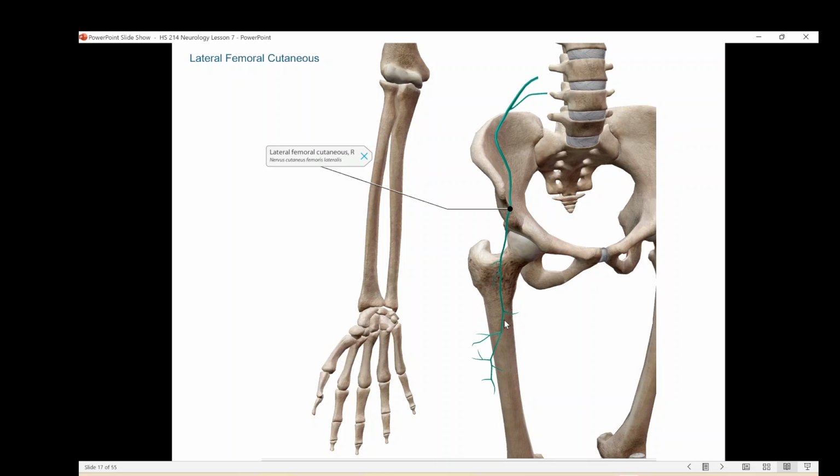Even from a massage therapy point of view, this nerve can become entrapped under the sartorius, wearing again tight jeans, somebody having pregnancy, sometimes as the abdomen gets bigger, or obesity that can compress the lateral femoral cutaneous nerve, causing the neuralgia paresthetica.